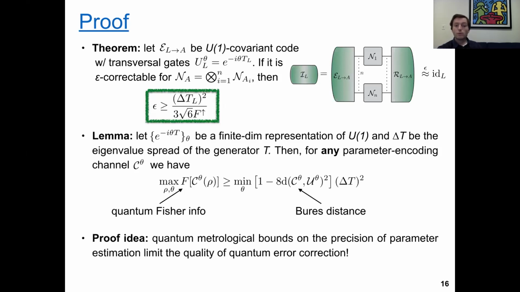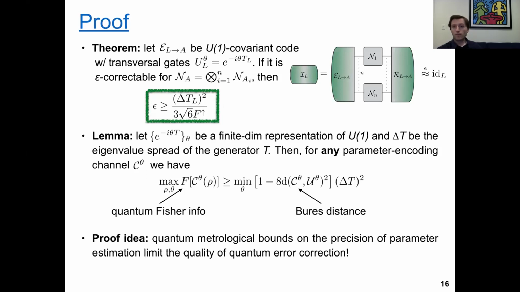So that's the technical lemma, and the proof idea, which I will illustrate on one slide, is as follows. We will use quantum metrological bounds, which tell us how precisely we can estimate some parameter. We will use the bounds to limit the quality of quantum error correction.